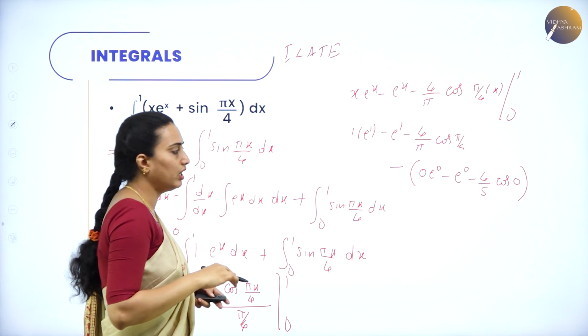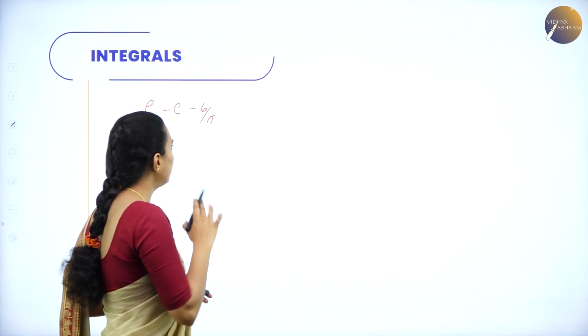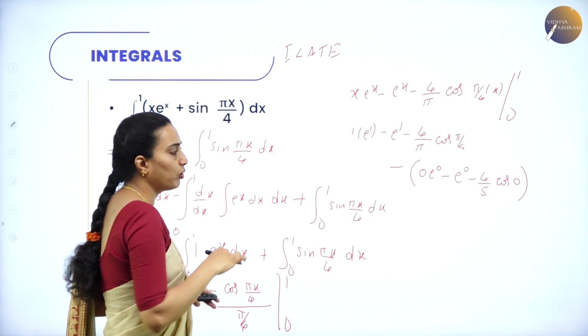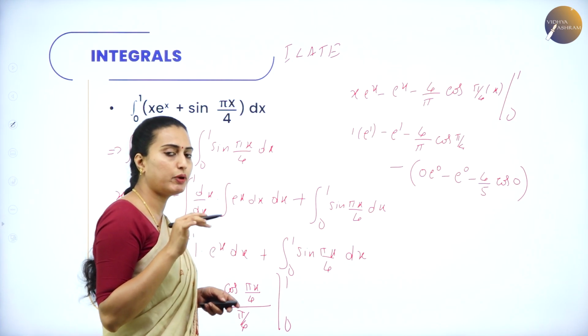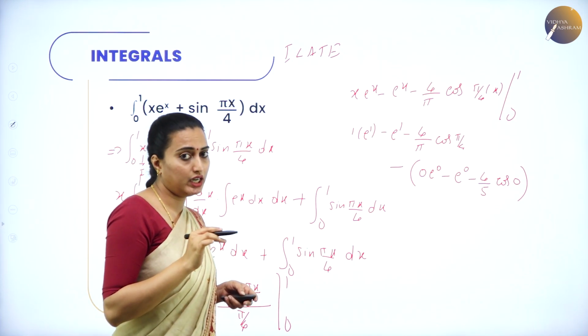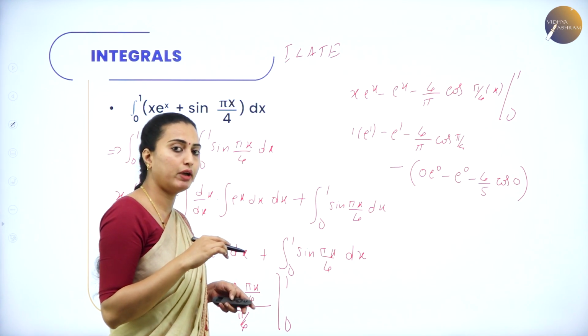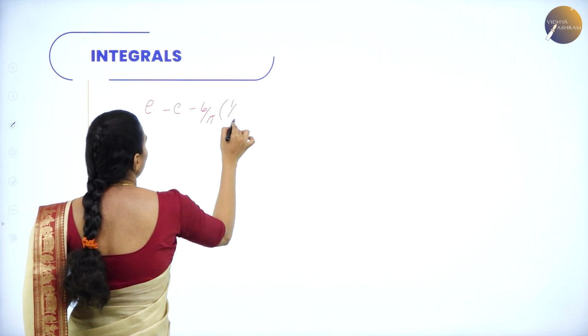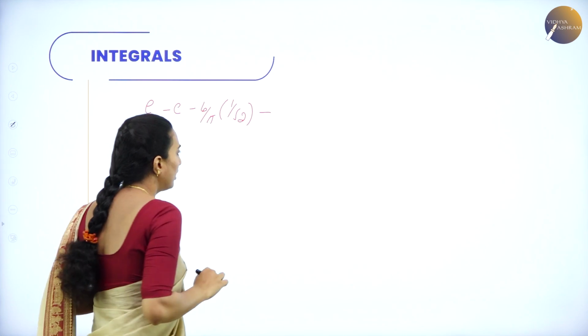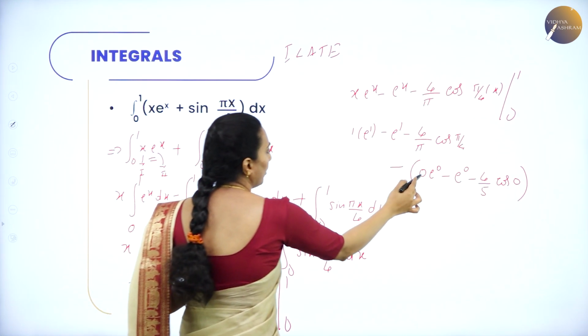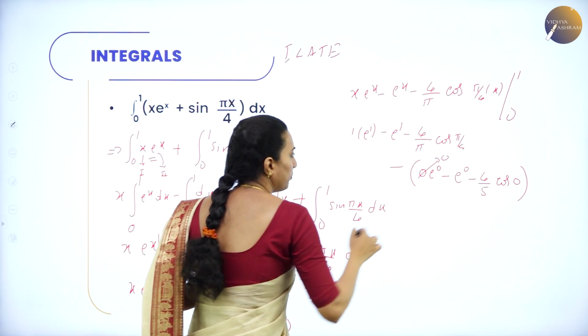1 into e is e only, minus e, see minus e I have written, minus 4 by pi into cos pi by 4. Cos pi by 4 value is cos 45 degree. Cos 45 degree is always 1 by root 2. Again minus, now you are having 0 into 0, this will become 0 and this will become 1.